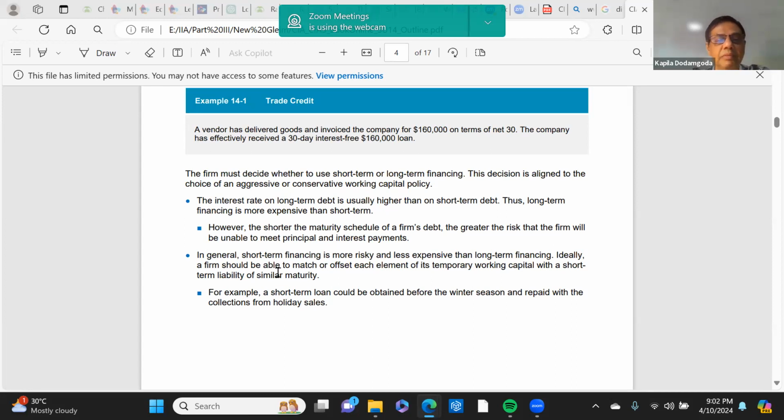Ideally, a firm should be able to match each element of the temporary working capital with a short-term liability of similar maturity. Ideally speaking, every asset can be matched with a liability of equal maturity. Say a short-term loan could be obtained before the winter season and repaid from the collections of the holiday season.